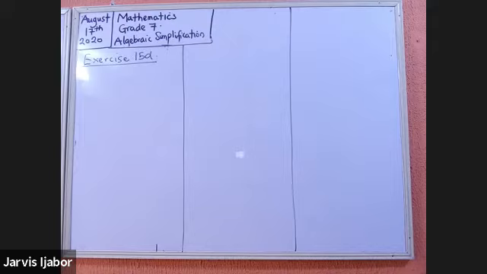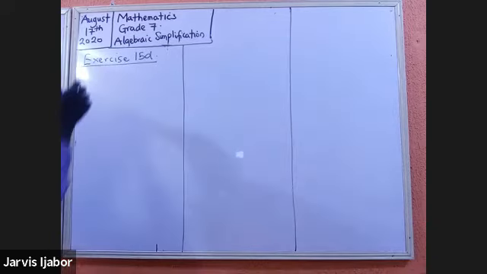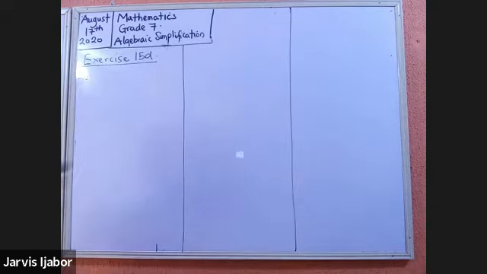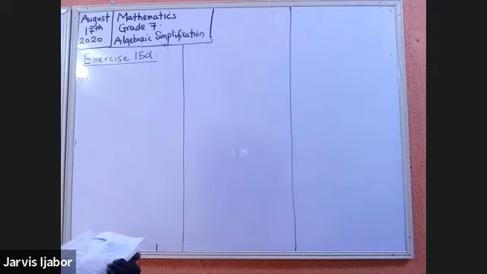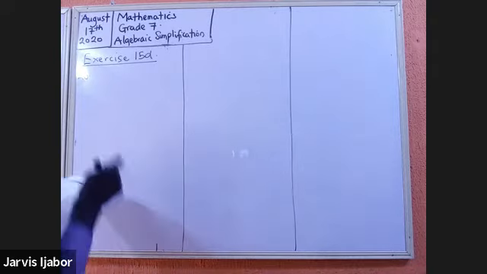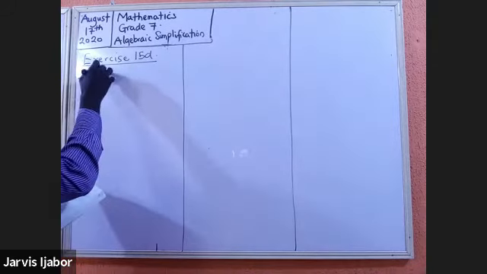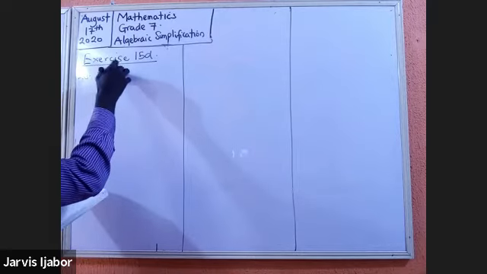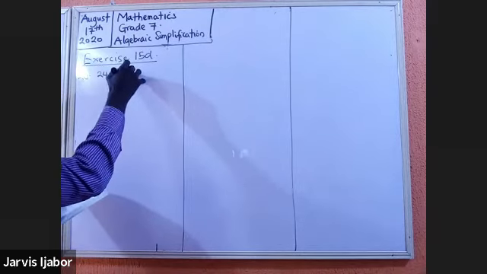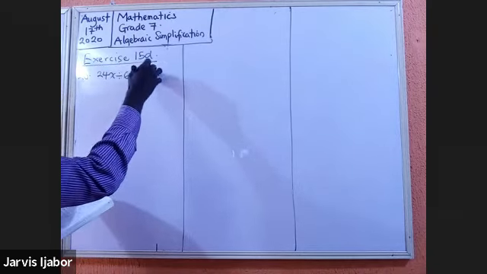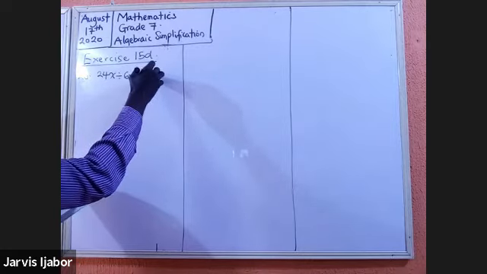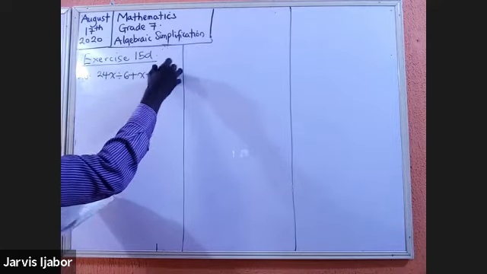Question 20. In question 20, it says 24x divided by 6 plus x plus 1 times 5x.